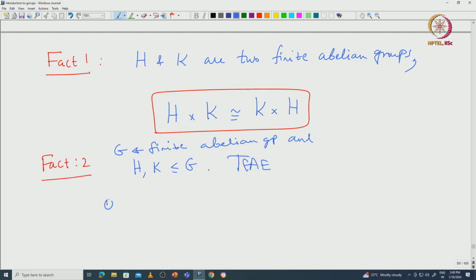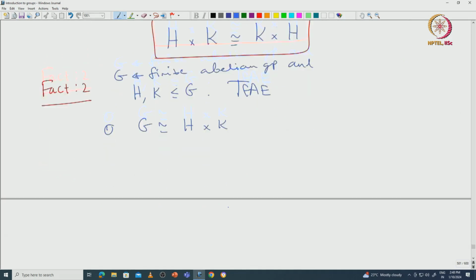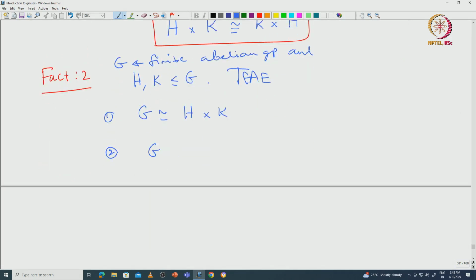The first thing is G is isomorphic to H cross K. The second thing is G equals HK and H intersection K must be trivial, and of course both H and K being normal is dropped because we are in the abelian group setting.